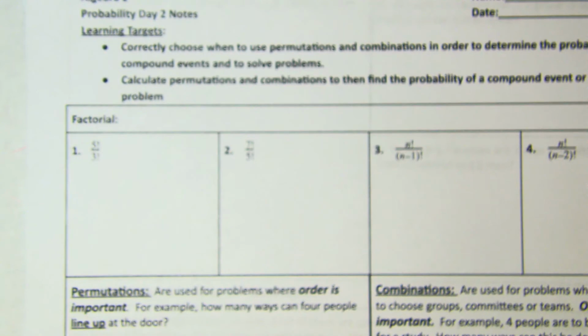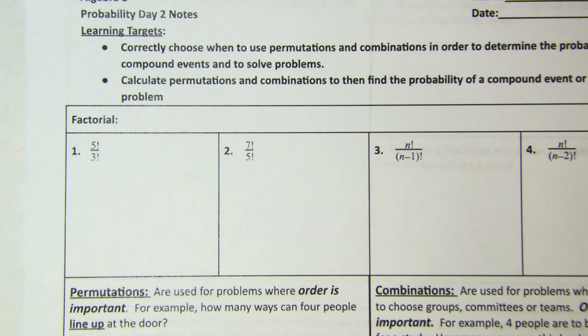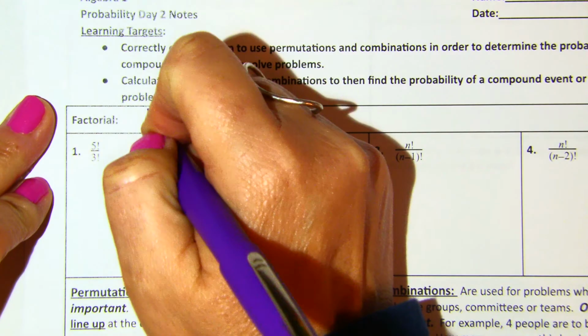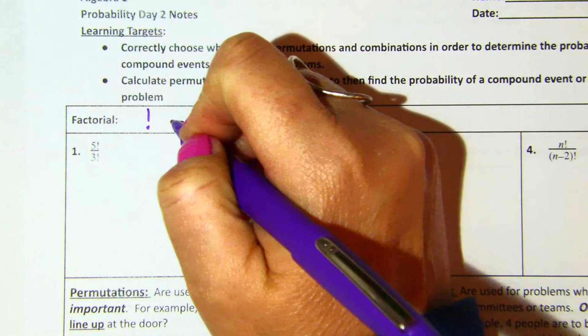It looks like an exclamation mark, but what it does is it starts with whatever number it is, like 5, for example, 5 factorial. It takes it and multiplies with every single number going down all the way to 1. So it's an exclamation mark.